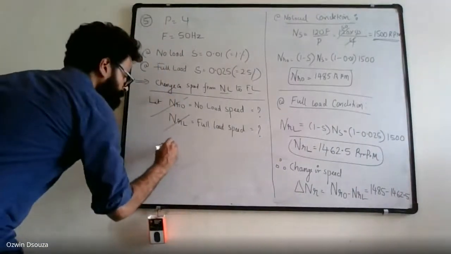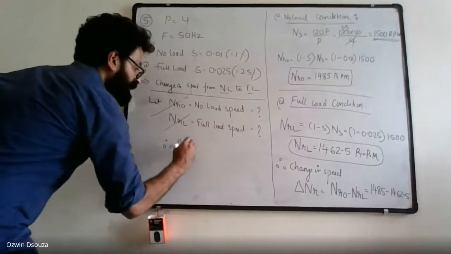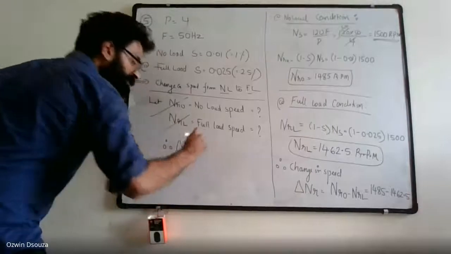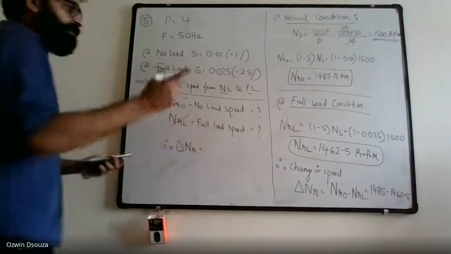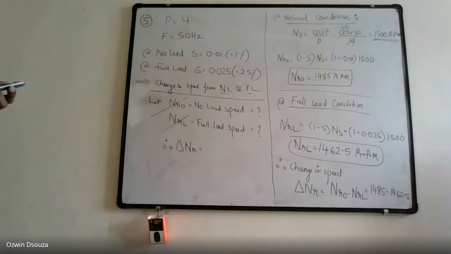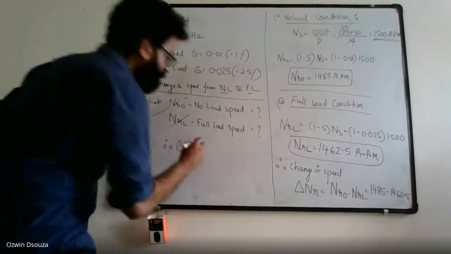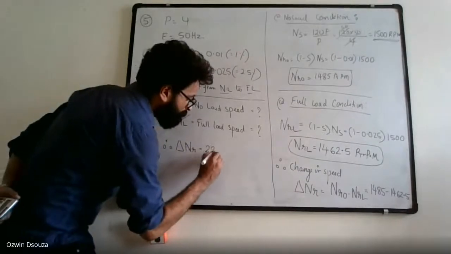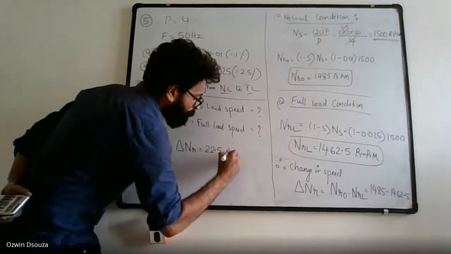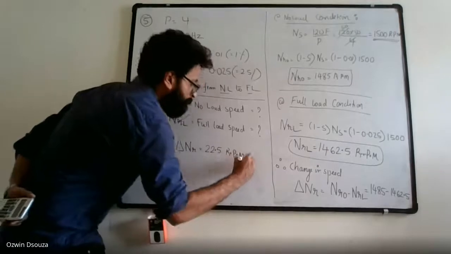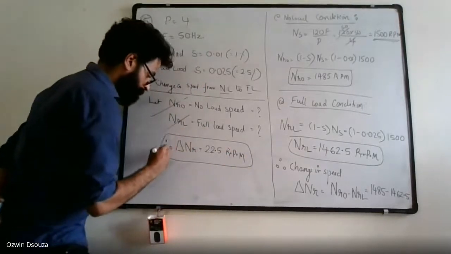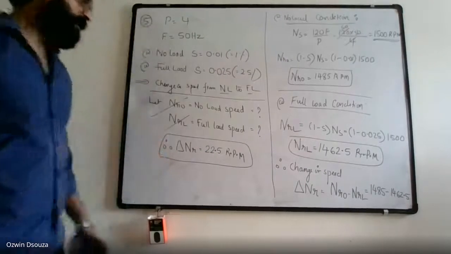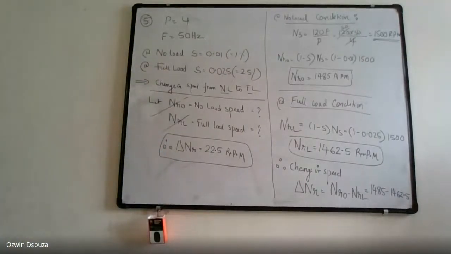Delta means a small change in speed, basically. Subtracting the two, it is 22.5 RPM. So the change in speed is just 22.5 RPM.